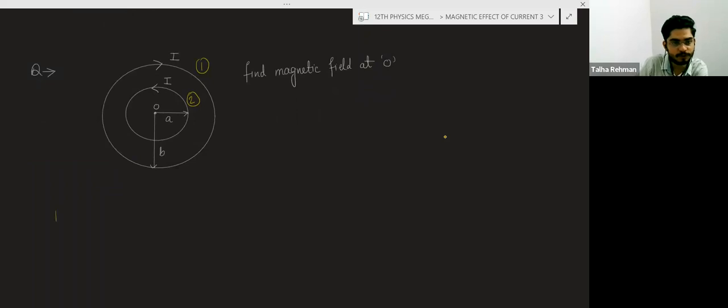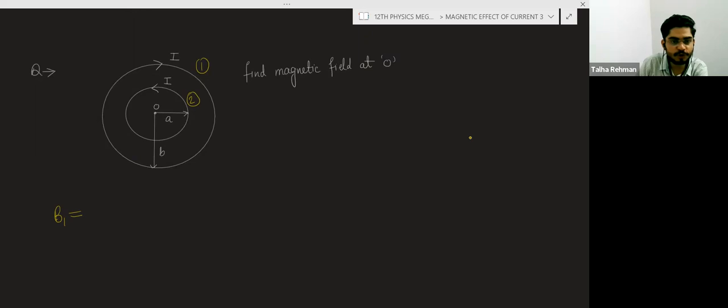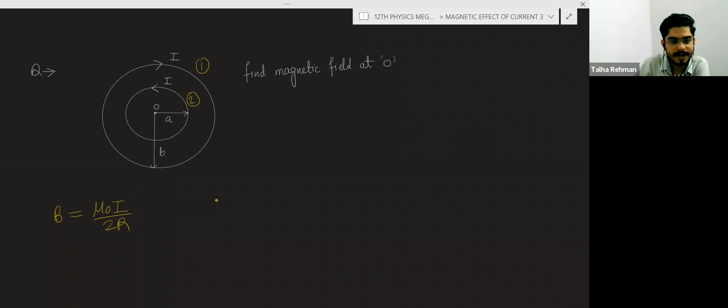So first you will calculate B1, and for the circular wire at the center, what is the formula of magnetic field? Mu naught I divided by 2R. This is the formula. When you check your notes, you will get the magnetic field due to the circular wire at this point O is equal to mu naught I divided by 2R.